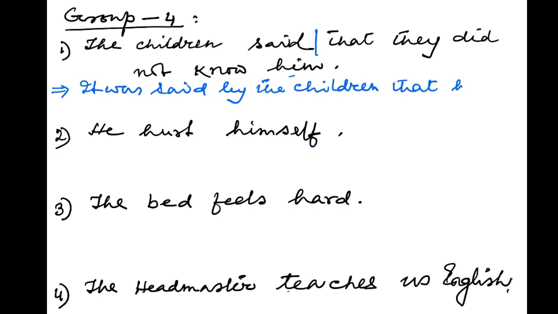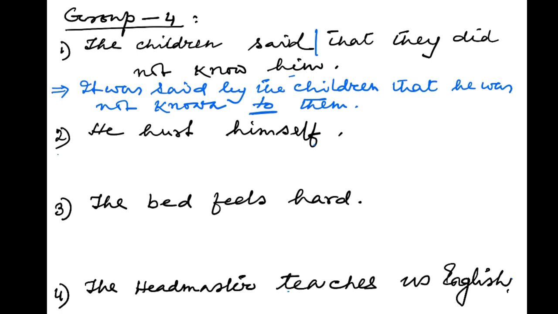Him is the object, so he was not known to them. If you use "by" at this place, that is also correct, but usage supports using "to" here. So: it was said by the children that he was not known to them. This is the changed form of the first sentence.